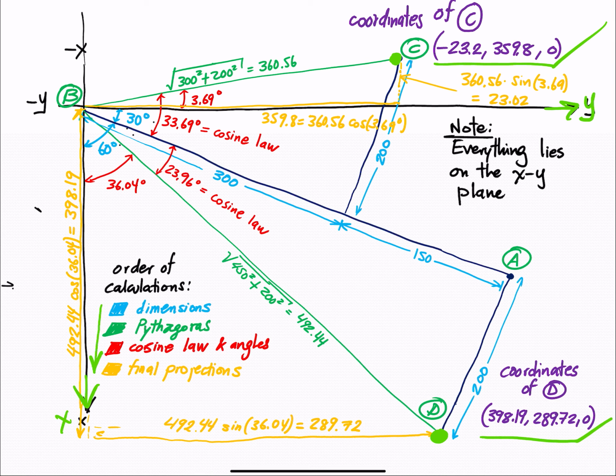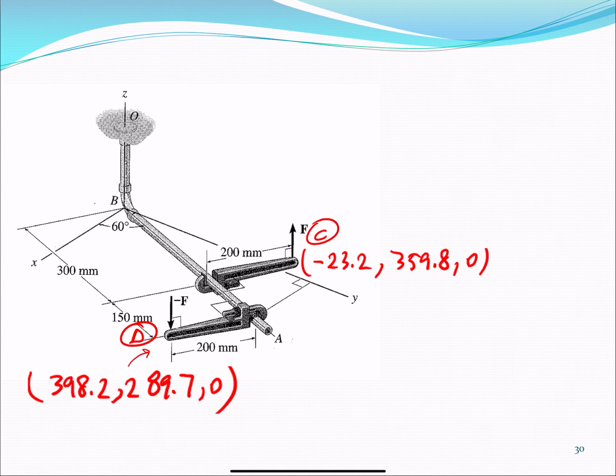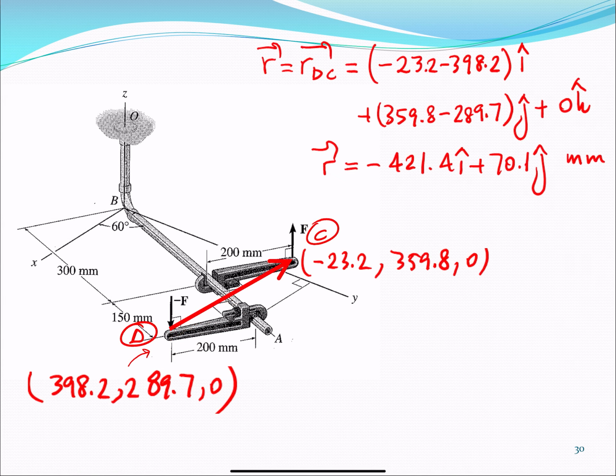So you shouldn't feel discouraged. If you can get that the whole problem is R cross F, that's fine. That's all I want you to realize at this point. So here are my coordinates, and then knowing C and D, I can find my position vector RDC: coordinates of C minus the coordinates of D, and I find my position vector D to C. The next step is to cross it.